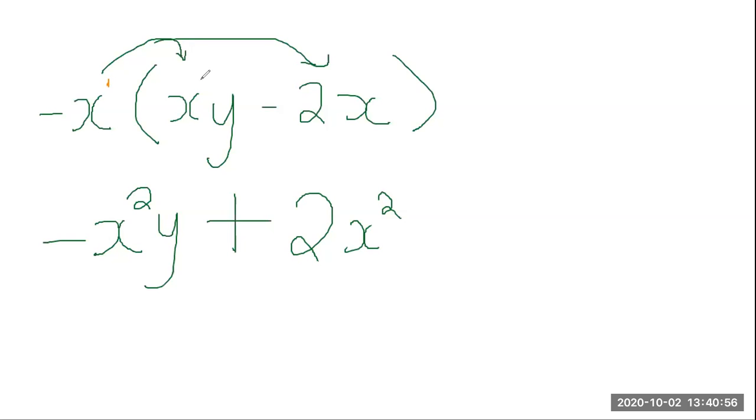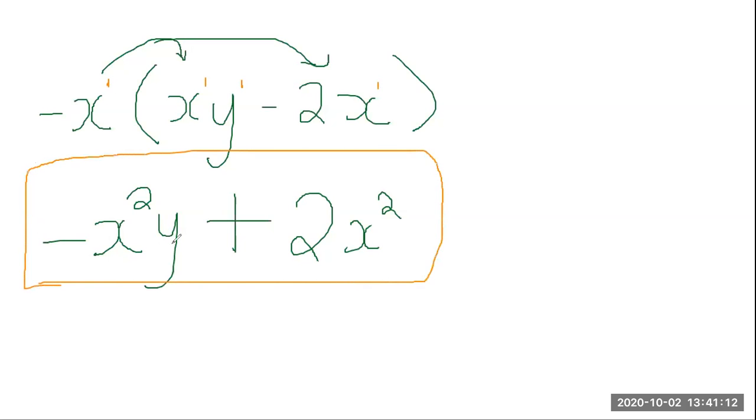Technically, there are ones here, but we don't need to write the ones. Whenever we're multiplying, we add the exponents. With this one, I can't do anything else because they're not like terms. You see how we switched from the multiplying to the addition? I can't do anything with negative x squared y plus 2x squared. They're not like terms. But before, I could have multiplied when they're not like terms.